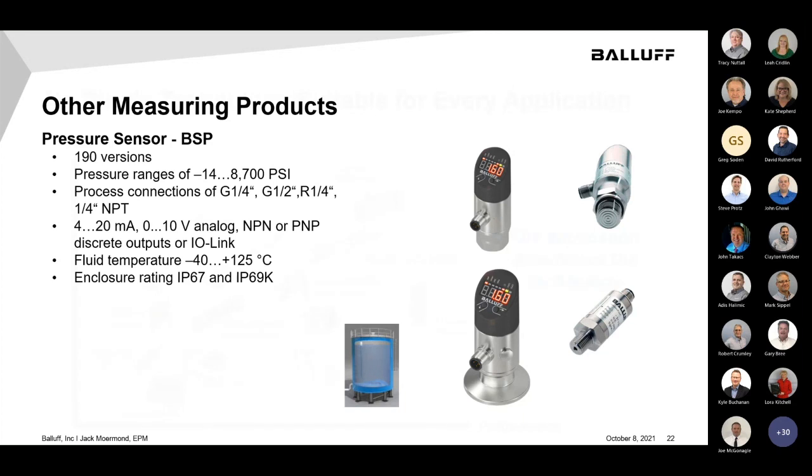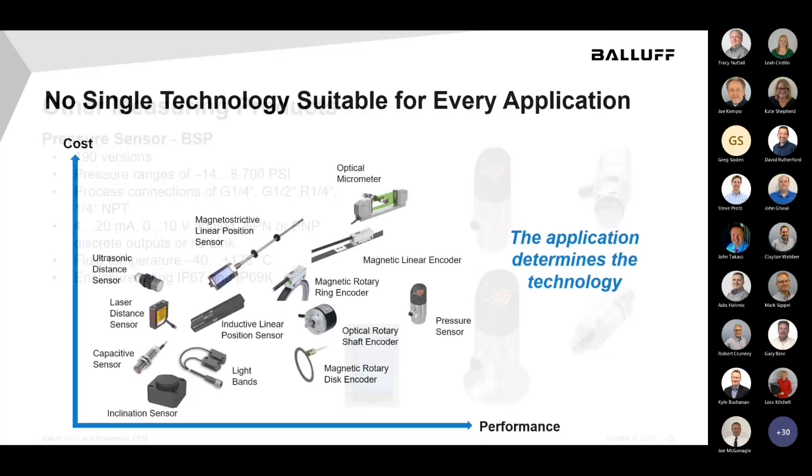So what's that to say? We don't have any single technology that's suitable for every application. The application determines the technology. What you see here is not to scale by any means, but these are some of the distance measuring solutions that we have.